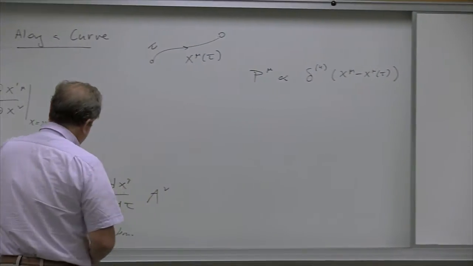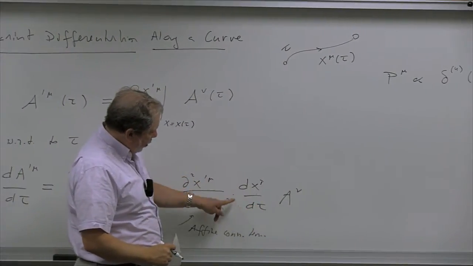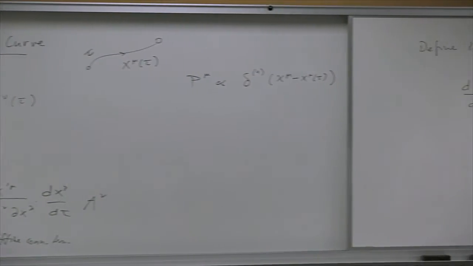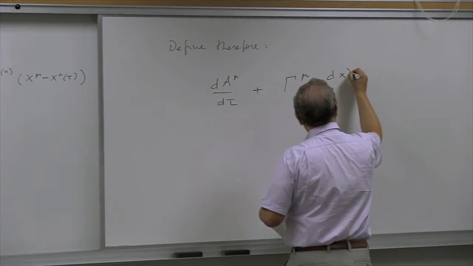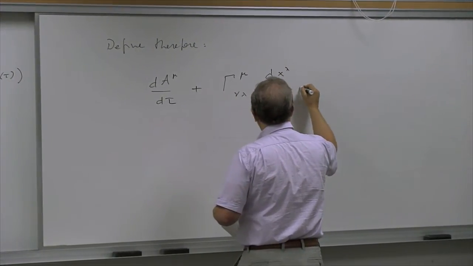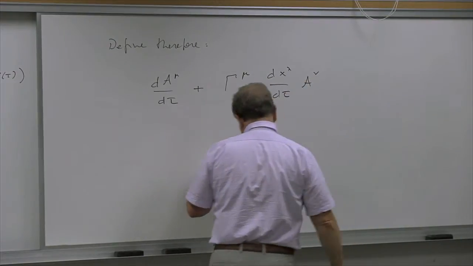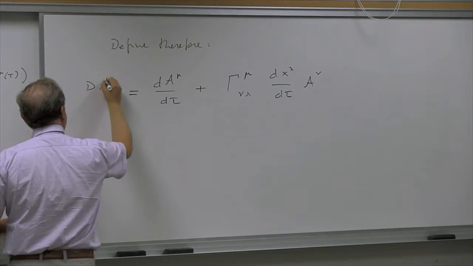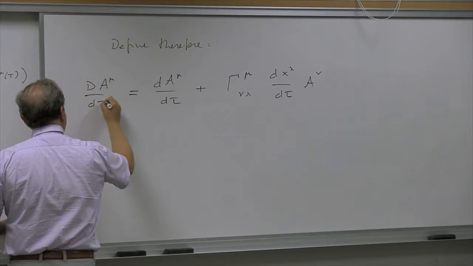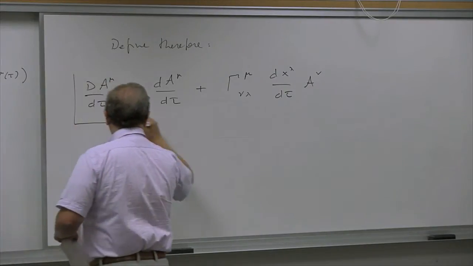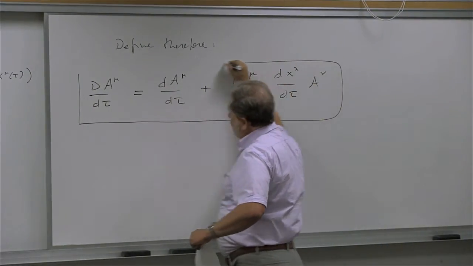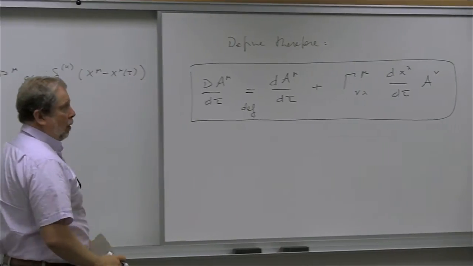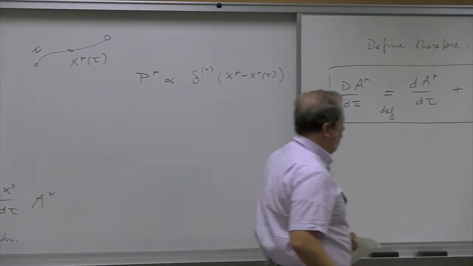And now times, we need all this factor here as well, and that is just the velocity of the particle. So we have dx lambda by d tau, and then we have the vector A nu, of course, again, and define this to be the derivative along a path. So that is what is meant by this symbol, capital D. And this is a 4-vector.